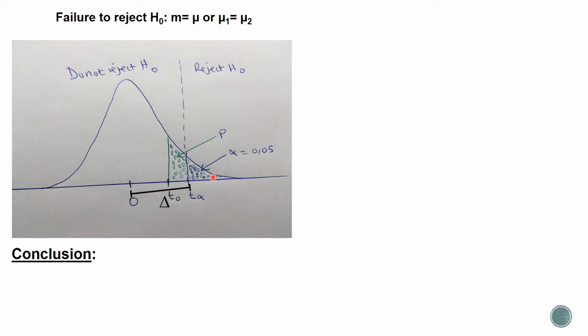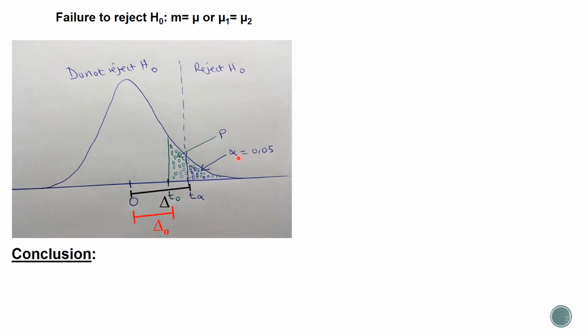So as you can see, at 0, there's no difference between the sample value and the population value. But at t alpha, this difference is due to alpha, or the random sample error.